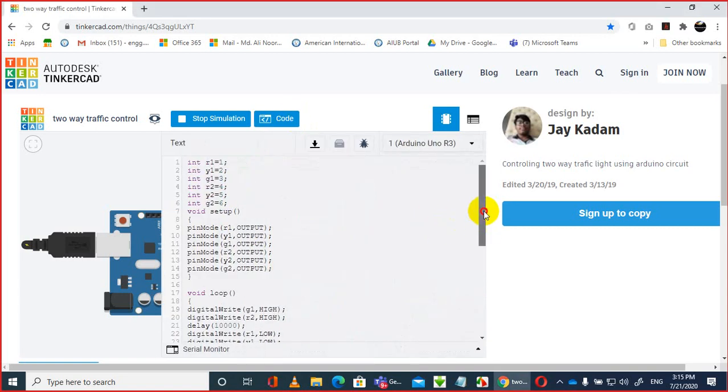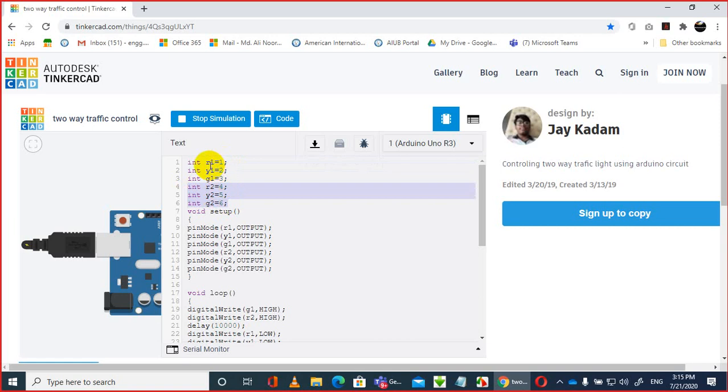If you look at the code, these are R1, red, yellow and green light for the first lane. These are the three light system for the first lane, and red, yellow and green, three light system for the second lane. First lane is connected to pin number 1, 2 and 3.